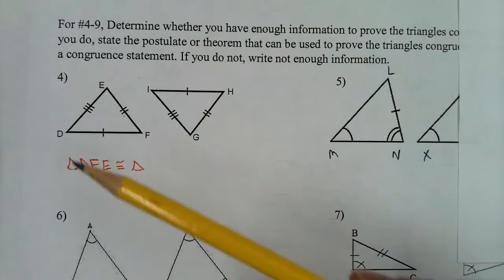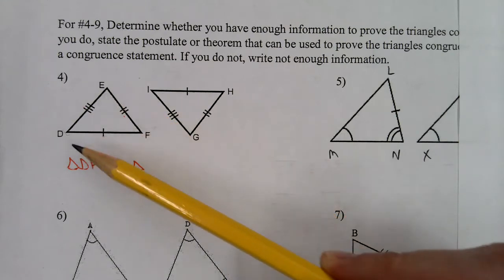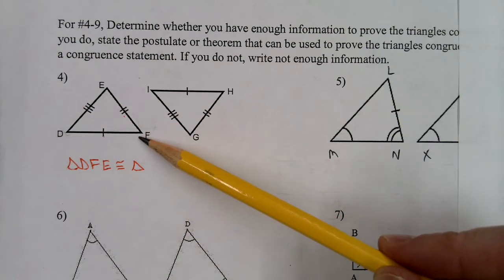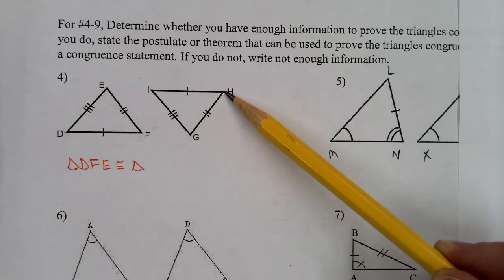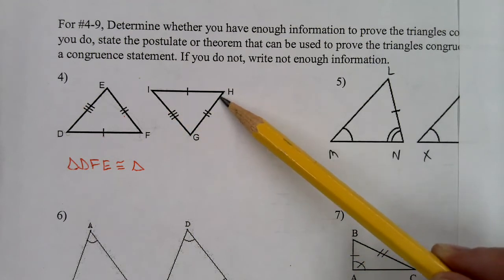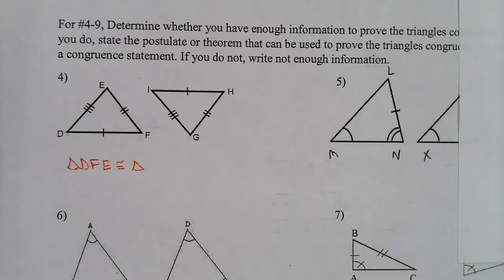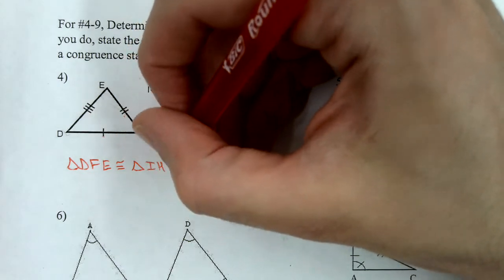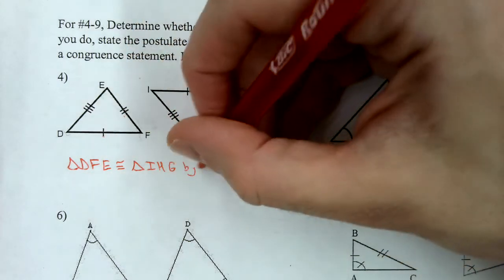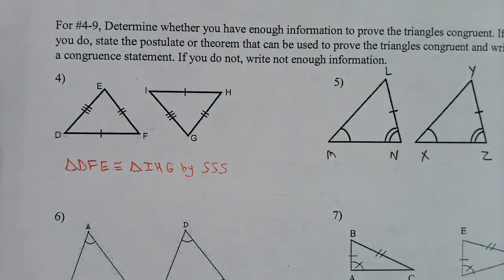If I do DFE, I'm going 1 tick mark, then 2. You have to go in the same order for this triangle: 1 tick mark, then 2. So congruent to triangle IHG, by side, side, side.